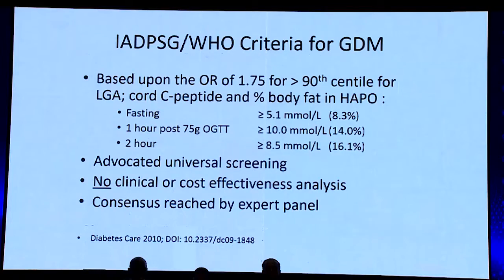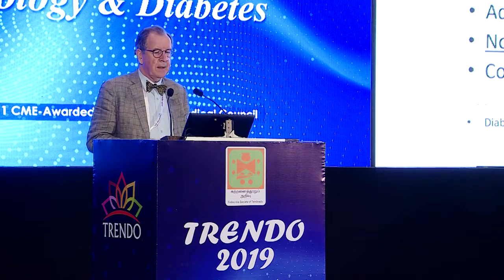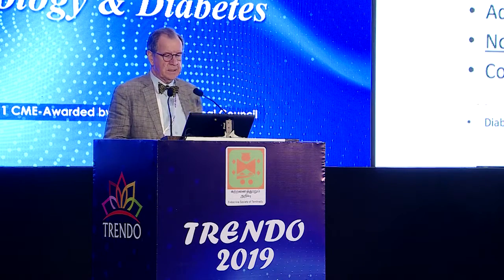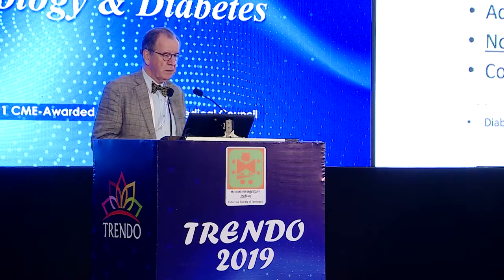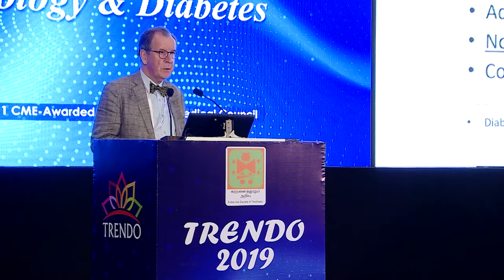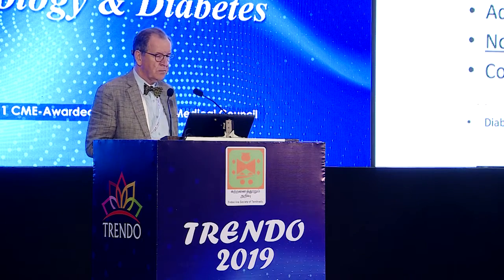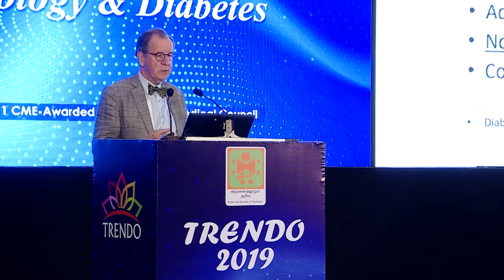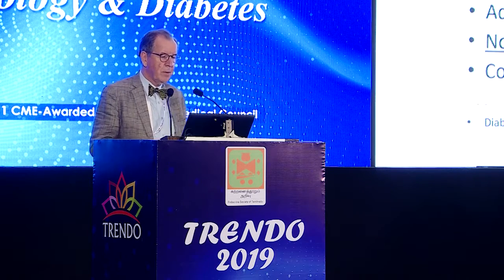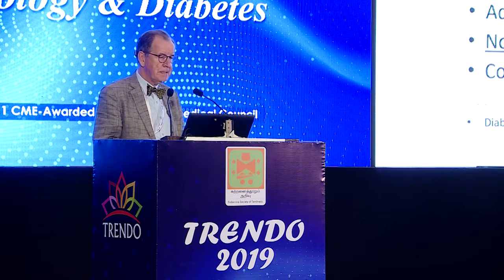So, based upon the data suggesting that intervention could help, and based upon the HAPO data, a consensus panel was convened and published in 2010 what were called the IADPSG criteria for the definition of gestational diabetes. And these were subsequently adopted by the WHO in 2013.